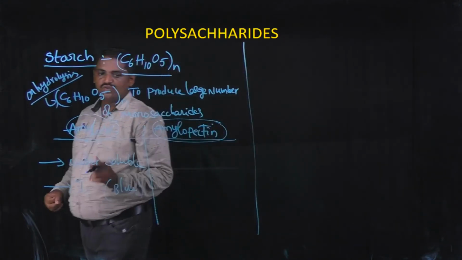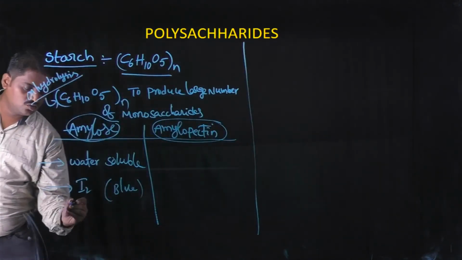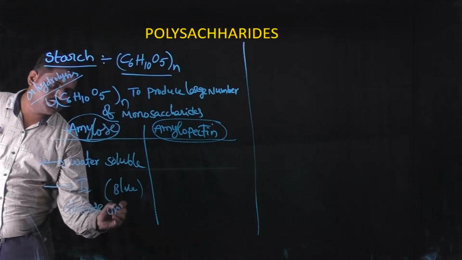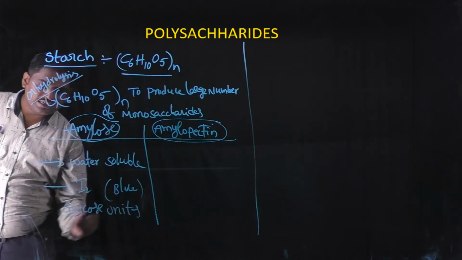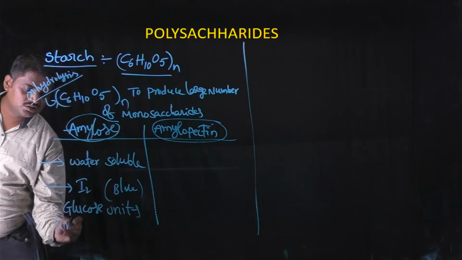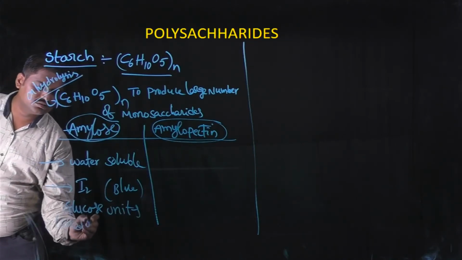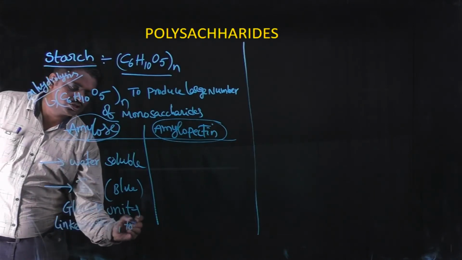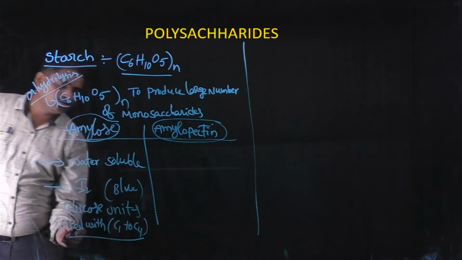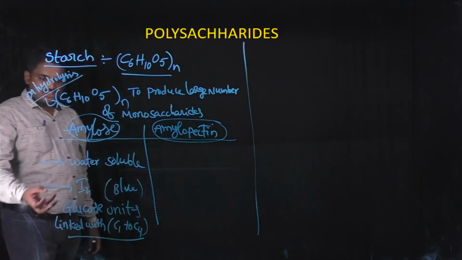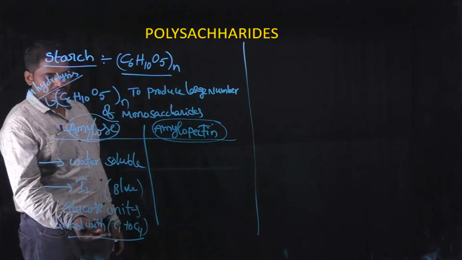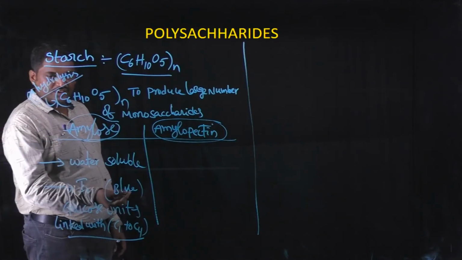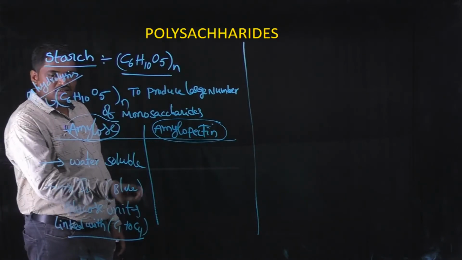The D-glucose units are linked by C1 to C4 links. The first carbon of the first glucose is linked with the fourth carbon of the second glucose.